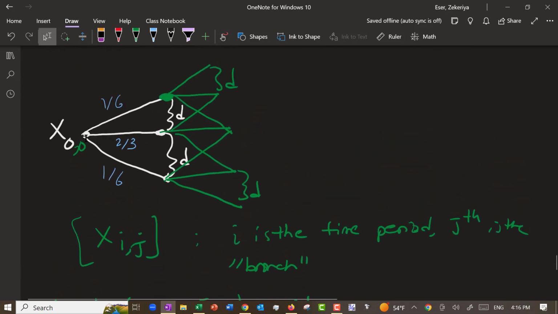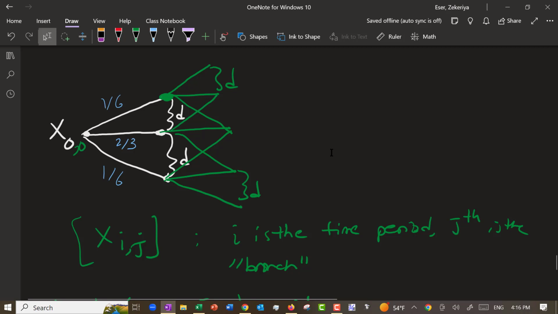Think about it. At the base, you have only 0. At period 1, think of this as negative 1, 0, 1. Then negative 2, because this value is going to be negative 2d, negative d, 0, 1d, 2d.